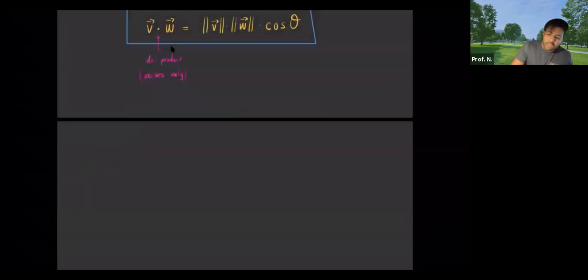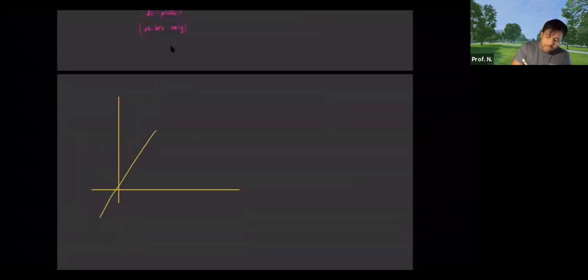So what does this look like? How can I interpret this visually? Visually, you consider this as two vectors in space, and let's consider this to be in the third dimension, in R3.